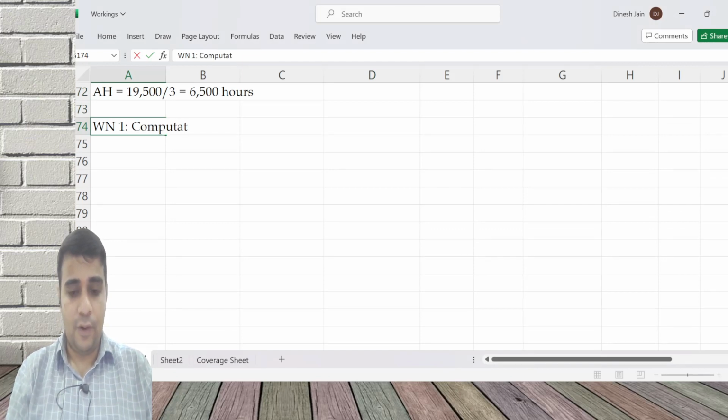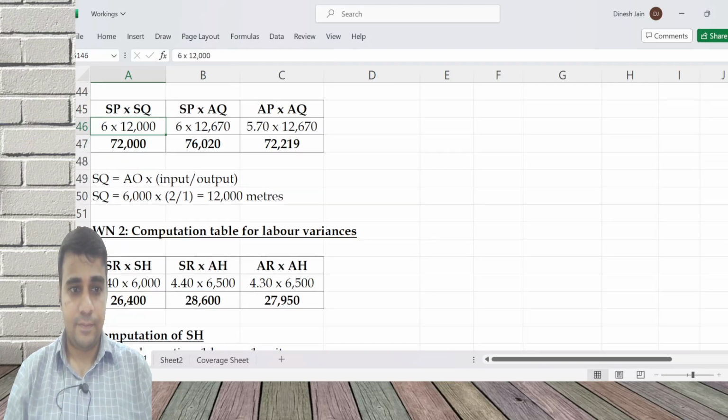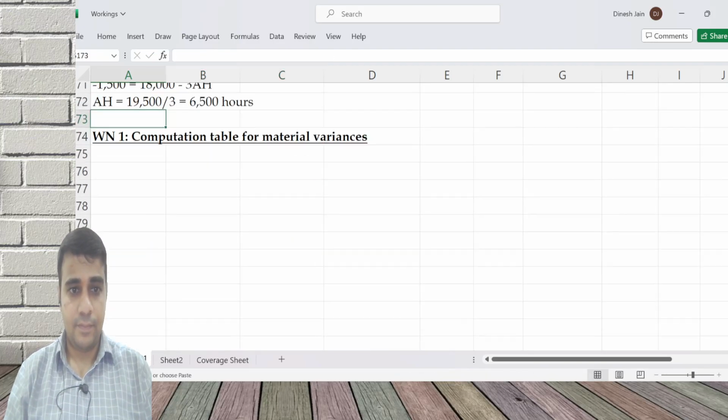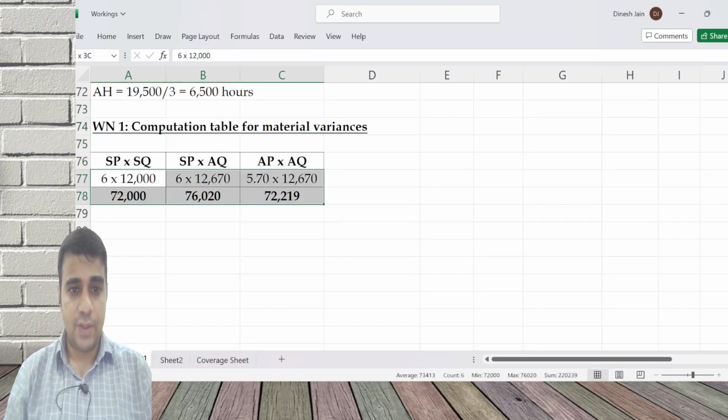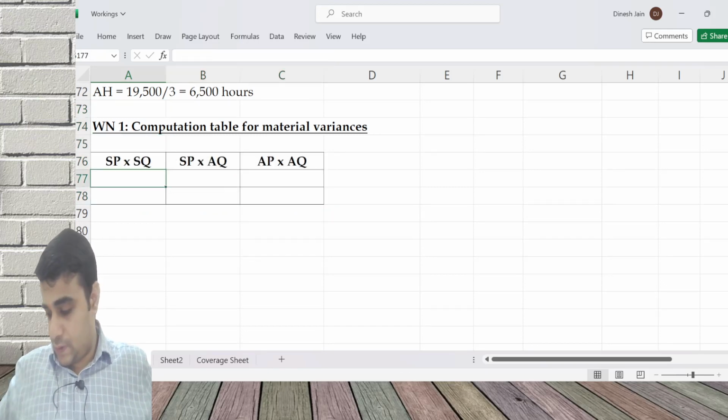Computation table for material variances. Single material situation. 2 minutes for you to do this.